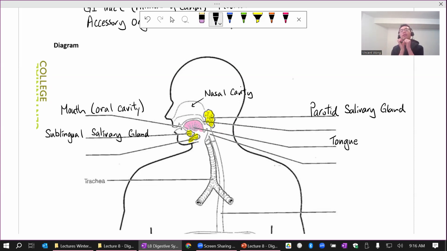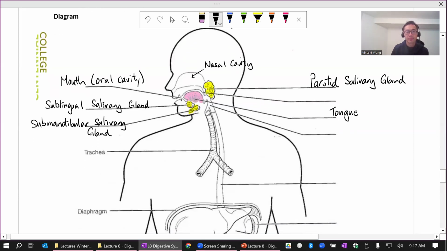You have another pair right here, where my thumb is. That is the submandibular salivary gland.